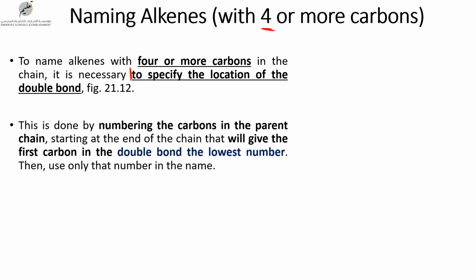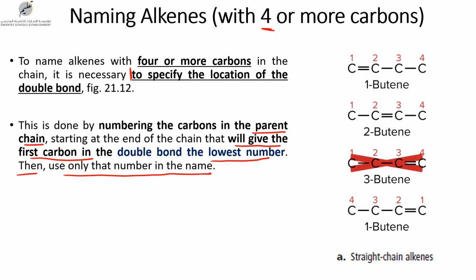This is done by numbering the carbons in the parent chain, like alkanes, starting at the end of the chain that will give the first carbon in the double bond the lowest number. Then use only that number in the name. What does that mean? When you give numbers to an alkene, you should only focus that the numbers are ordered in a way that the location of the double bond has the lowest number.